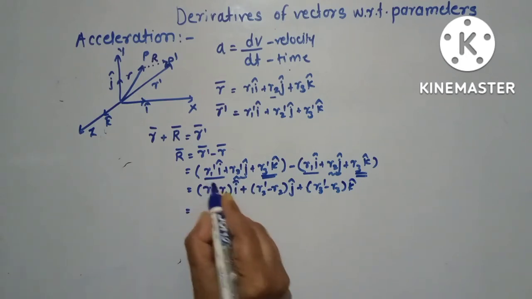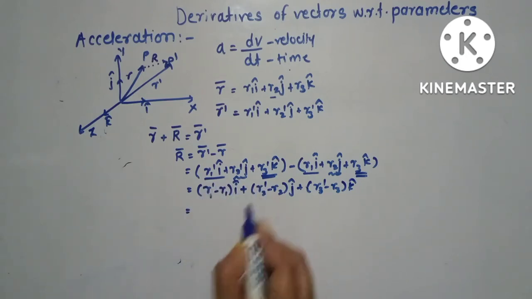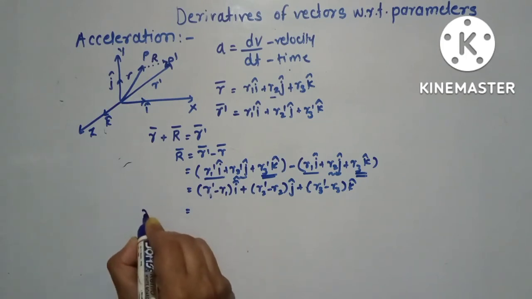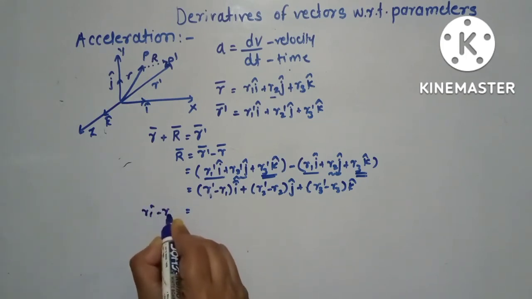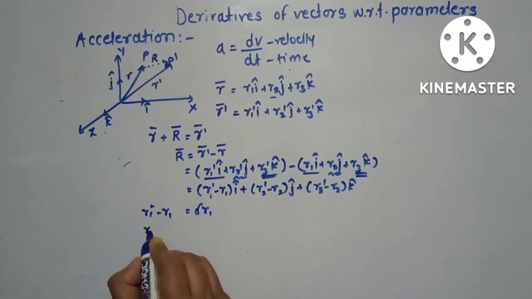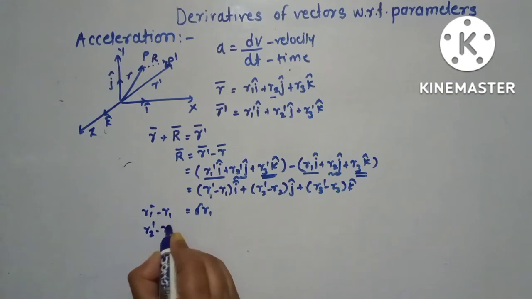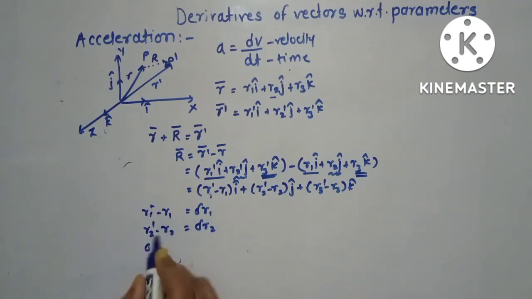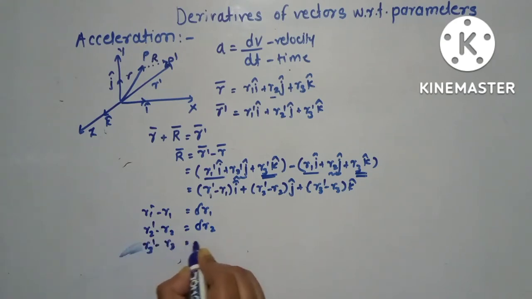These are the magnitudes; vectors won't come here. So let me call r1 dash minus r1 as delta r1, r2 dash minus r2 as delta r2, and r3 dash minus r3 as delta r3.